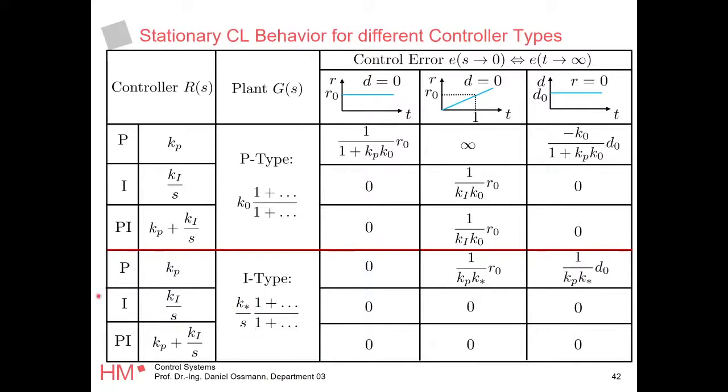We will need that later when we go to the frequency domain and in the Bode diagram, and this is why I decided for that. So I'm actually not allowed to write K0 here because it's not a static gain, so to say.